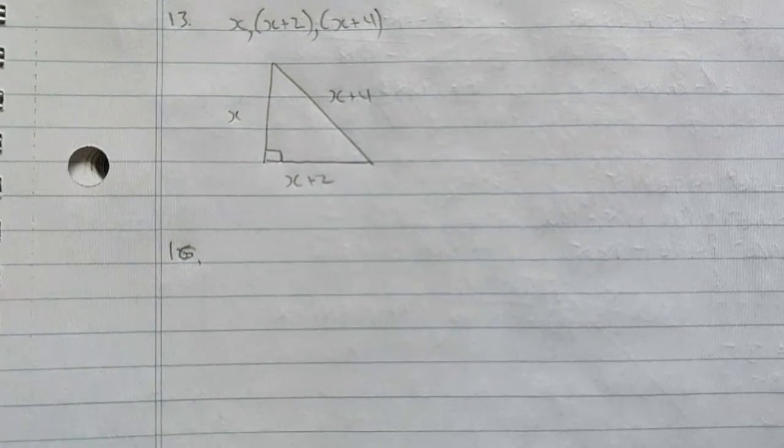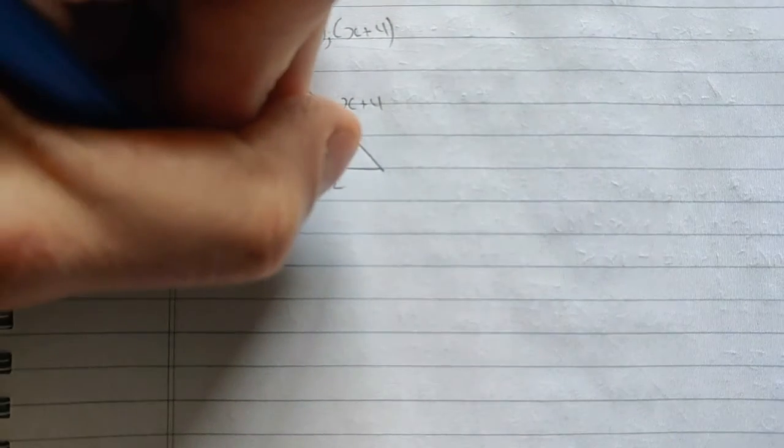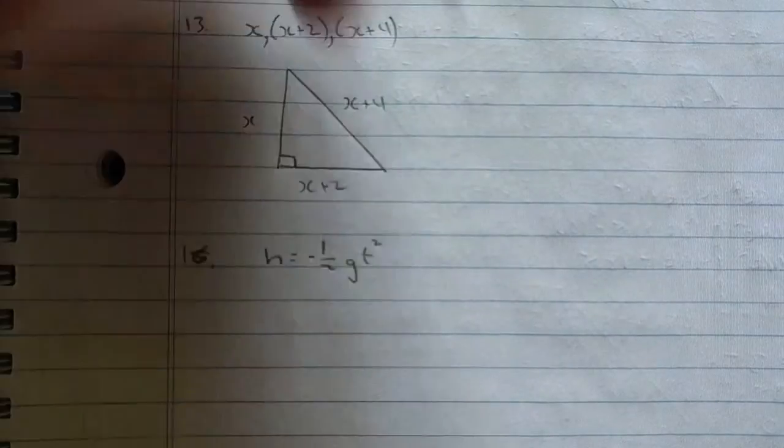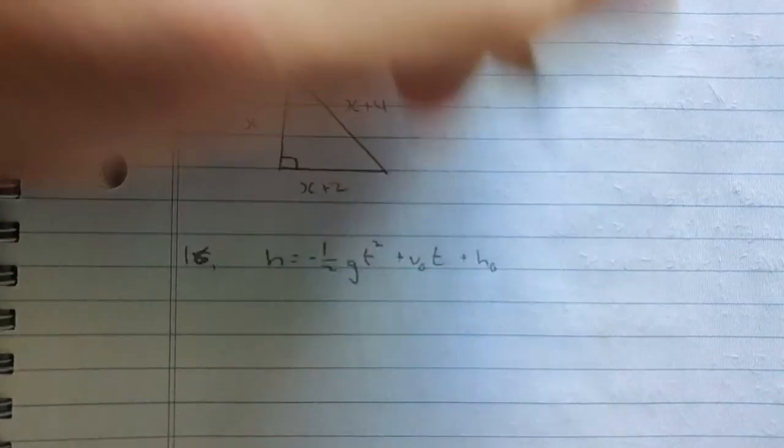So number 16, your formula again is h equals negative 1/2 the gravity times t squared, the time squared, plus the initial velocity times t plus the initial height.